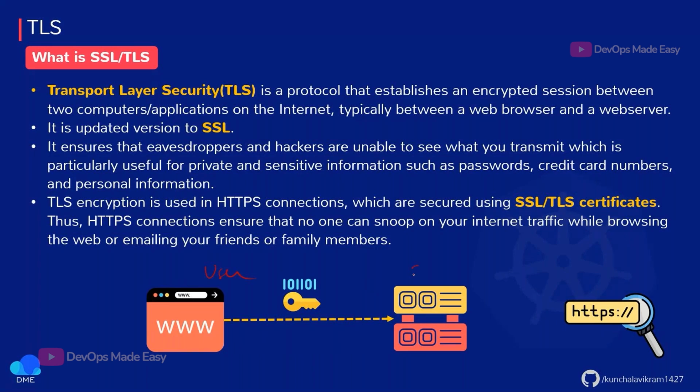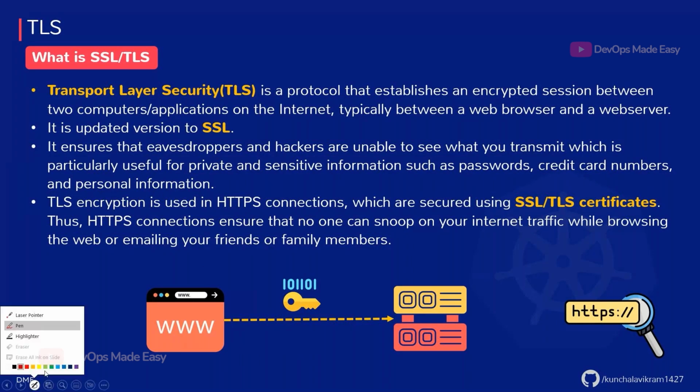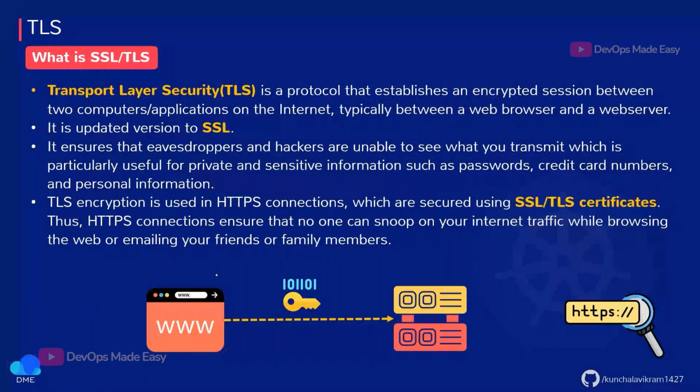It is not always a browser, but here we call the browser a client because we only access web applications through the browser. Using TLS we can make sure that the data sent across the two different machines is encrypted, and it is the updated version of SSL. Even if you see SSL or TLS, both are the same.